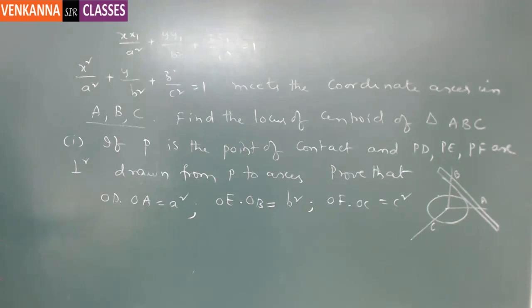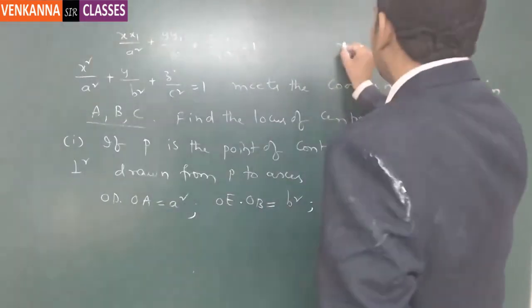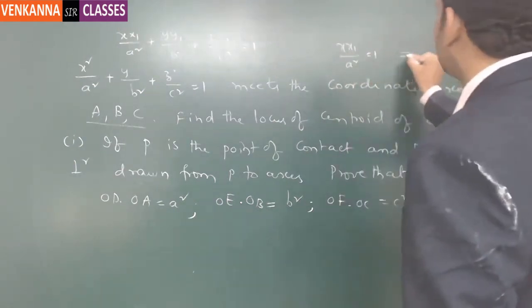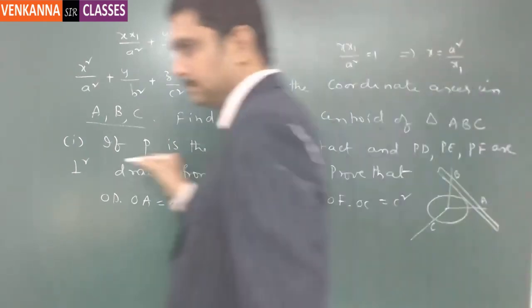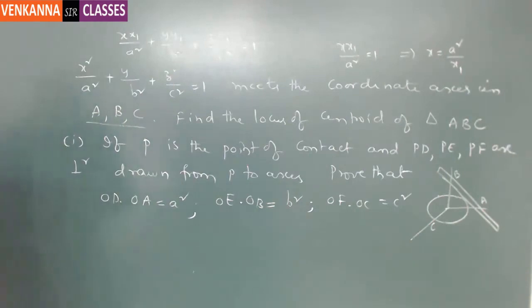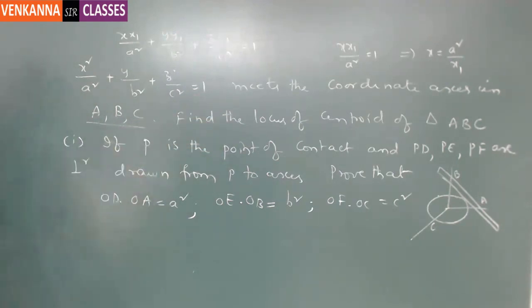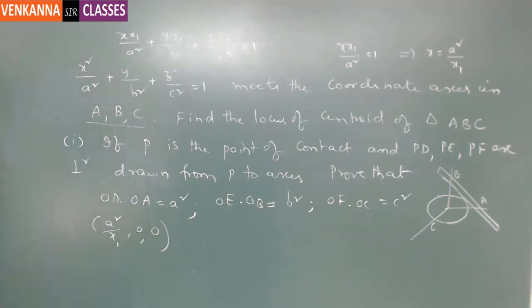Right. So if I substitute y and z as 0 here, you will get x x1 by a square is equal to 1, which gives x is equal to a square by x1. Agreed? So what could be the x-intercept here? (a square by x1, 0, 0). Getting the idea how it is written?